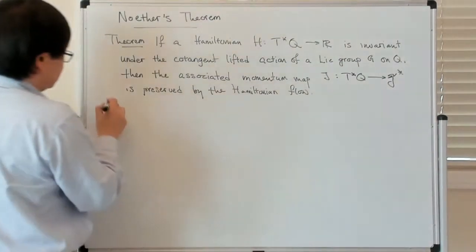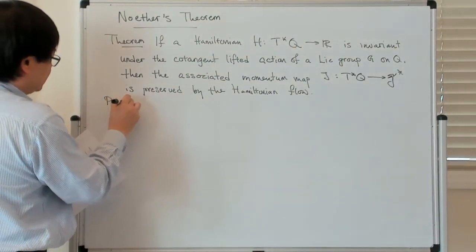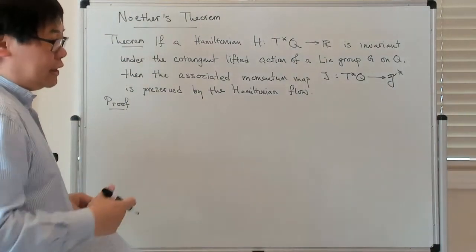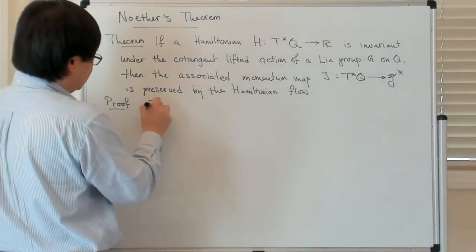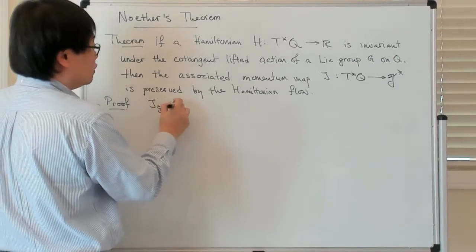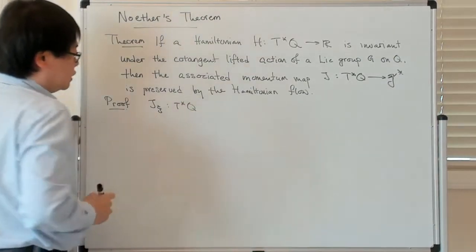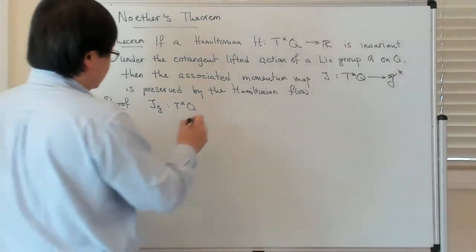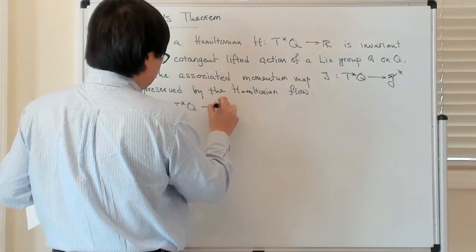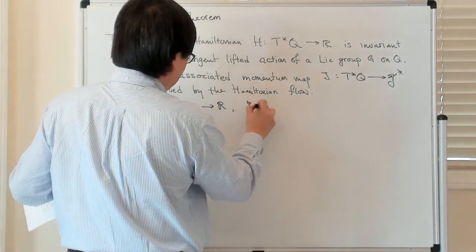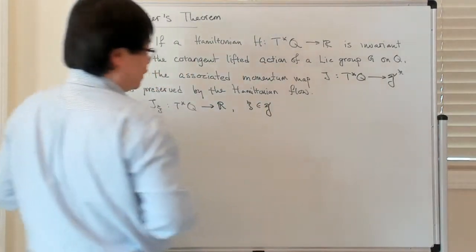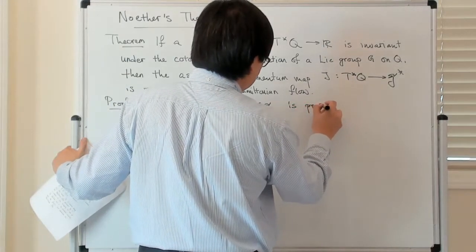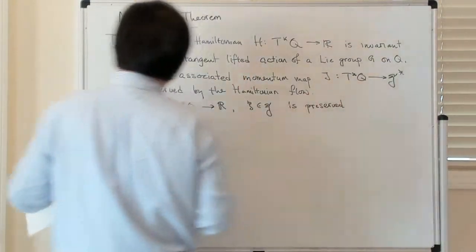Okay, so let's try to prove this. In practice, what we're going to prove is that J_C, a map from the cotangent bundle to the reals, where C is an element of the Lie algebra, is preserved.